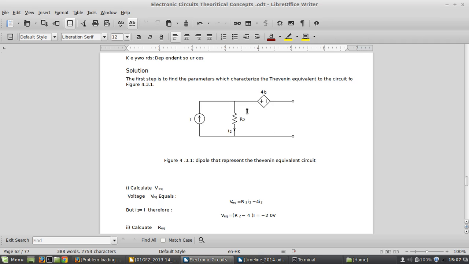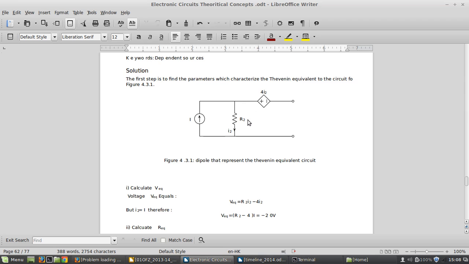V equivalent in this case will be equal to this particular voltage present here and this particular dependent source voltage. So you use KVL here and find V equivalent.